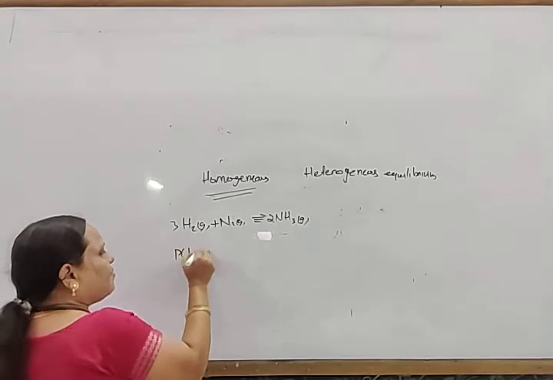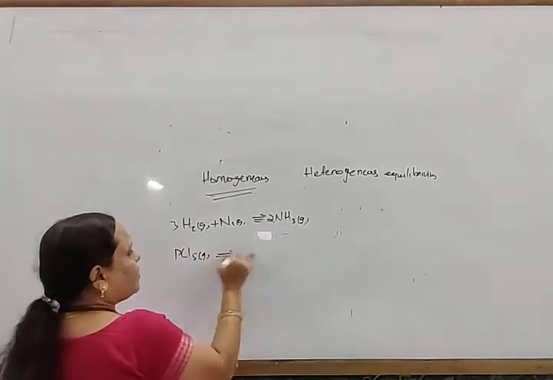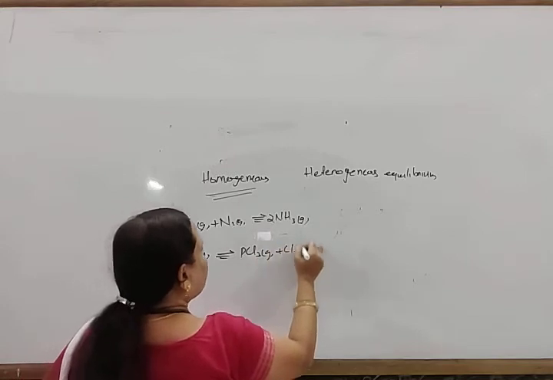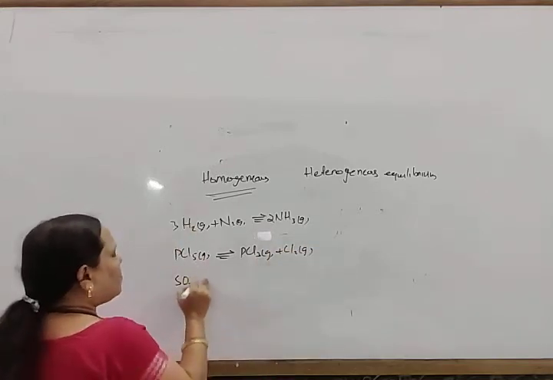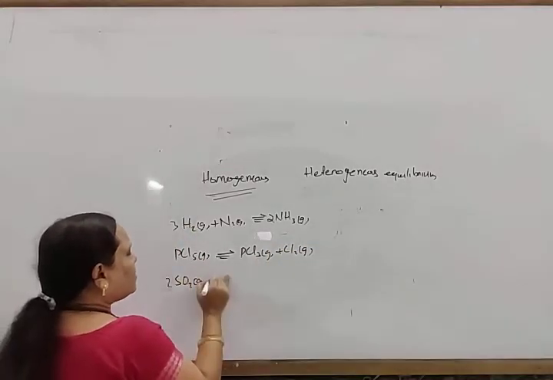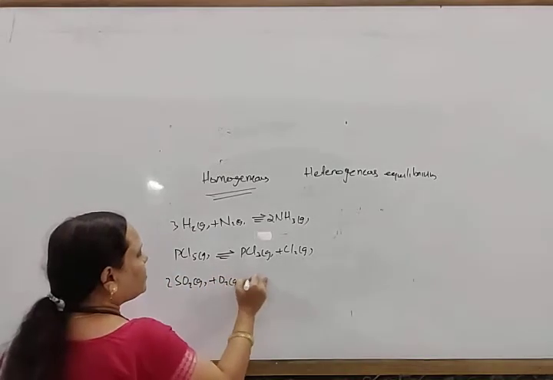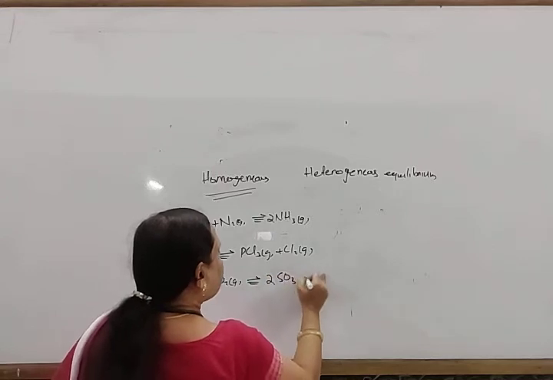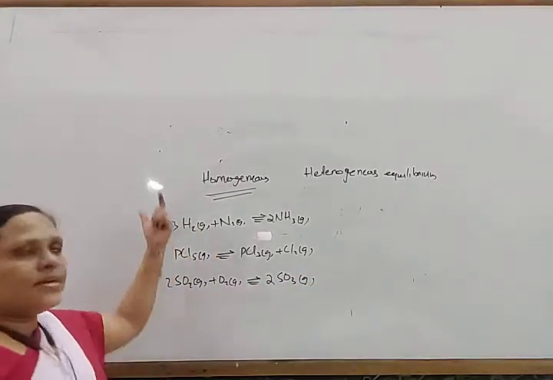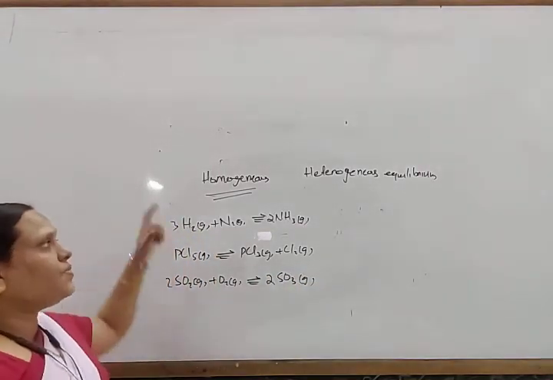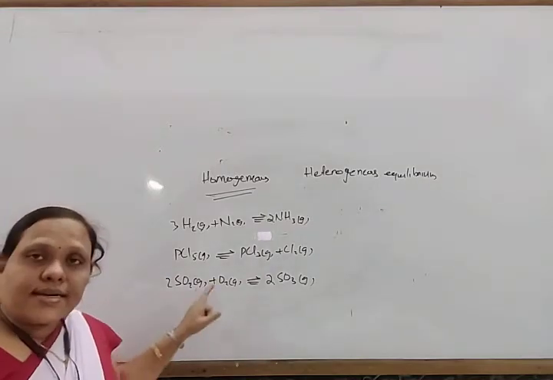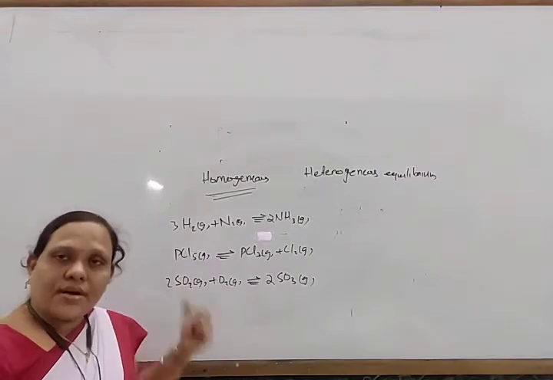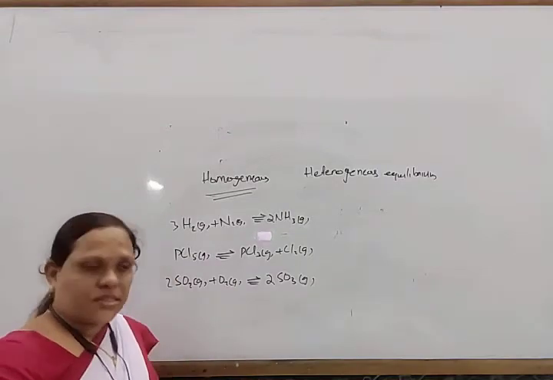Similarly, PCl5 gas gives rise to PCl3 gas plus Cl2 gas. SO2 gas plus O2 gas gives rise to 2SO3 gas. All these are examples of homogeneous equilibrium. All the reactants and products are in the same phase, either solid or liquid or gaseous phase.